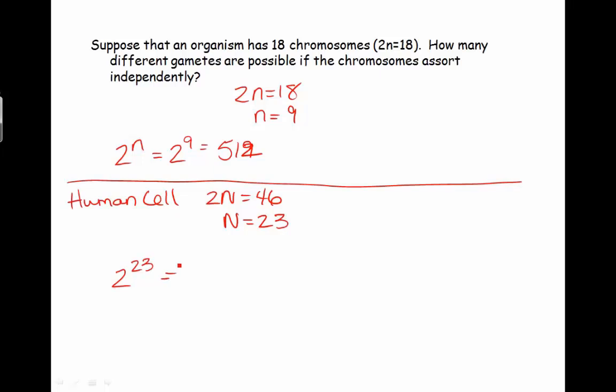If you plug that in on your calculator, you'll be surprised by the answer that you come up with. So this is going to come out to basically 8,388,608 combinations possible. That's not an error there.